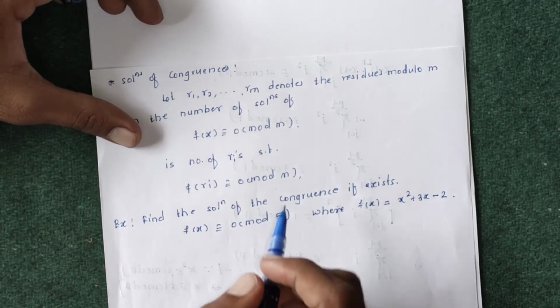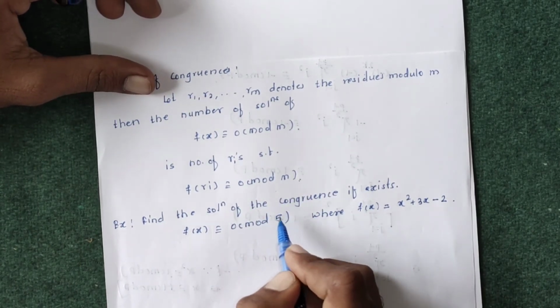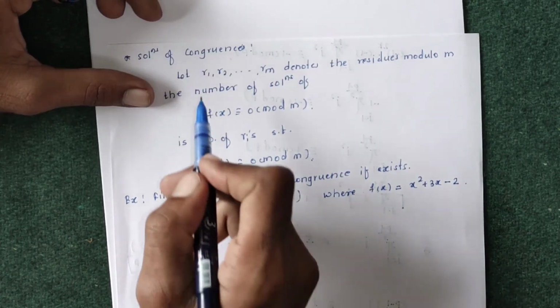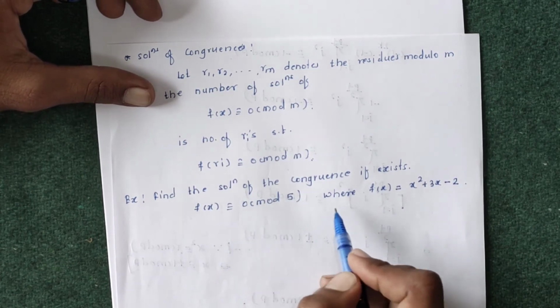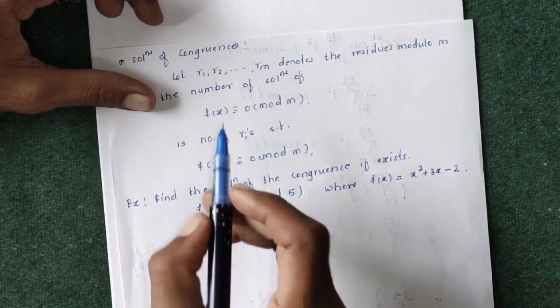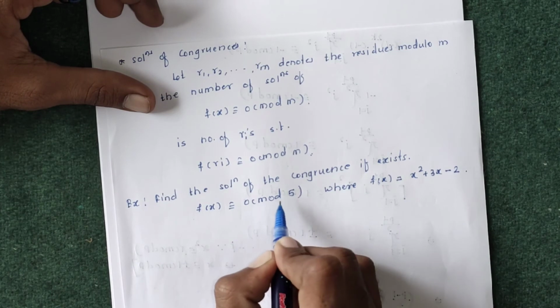First of all we will find the residues under modulo 5, and we know that the residues under modulo 5 are 0, 1, 2, 3, 4. Now for each residue, that is R1, R2 up to Rm, or 0, 1, 2, 3, 4, we will check each and every number which satisfies the congruence.